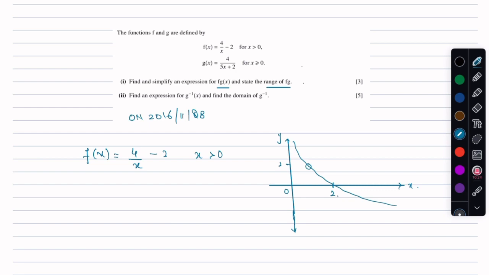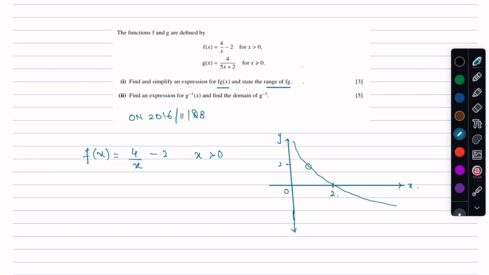So this is what the question requires. Now this was the additional information about the asymptotic function. f(x) equals 4 by x minus 2, the reciprocal function, has been given to you. The question says find an expression for fg and state the range of fg.